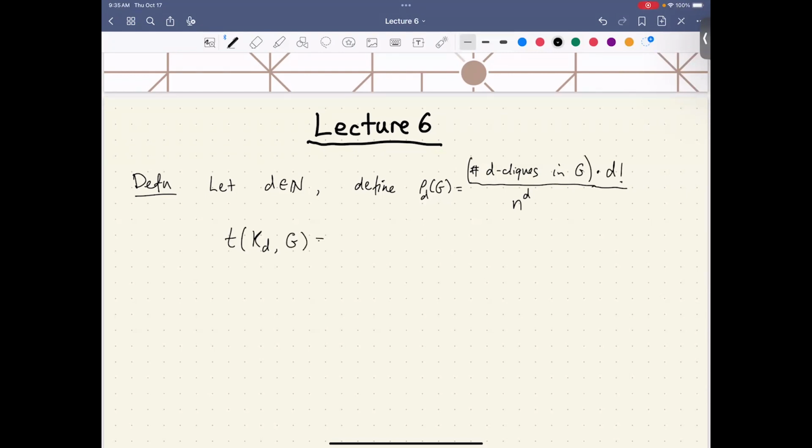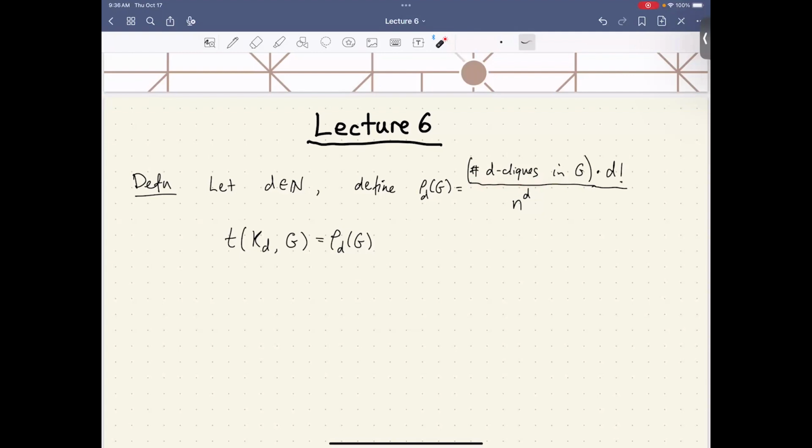This is precisely what's going on here. I just use a shorthand notation, rho_d, instead of writing this long one. This is basically the proportion of maps from K_d to G which yields a homomorphism. But here, because in K_d all the vertices are pairwise adjacent, such a homomorphism necessarily is injective.